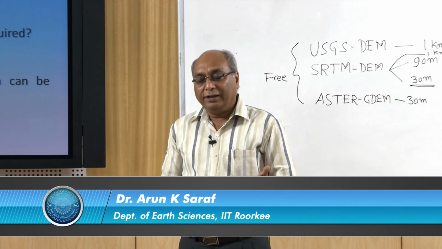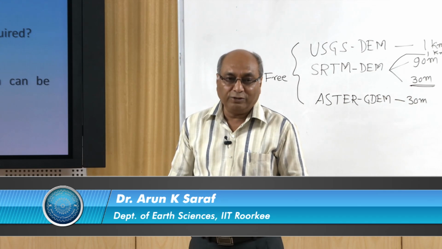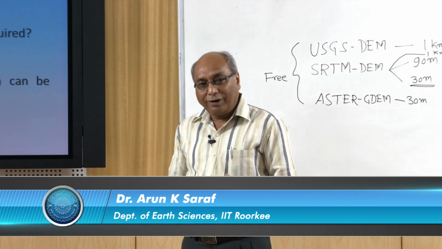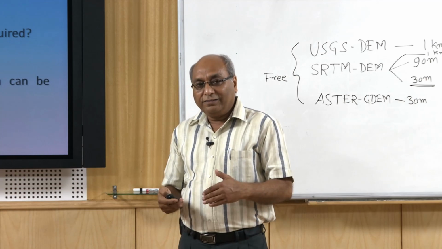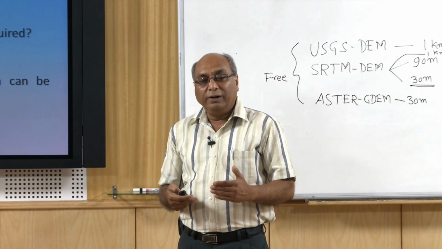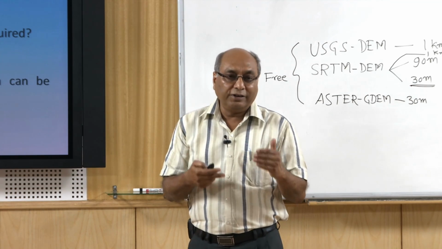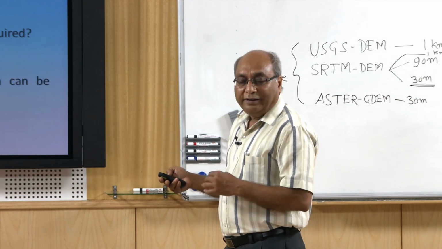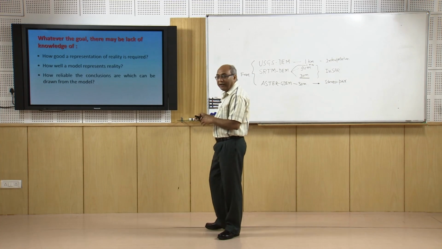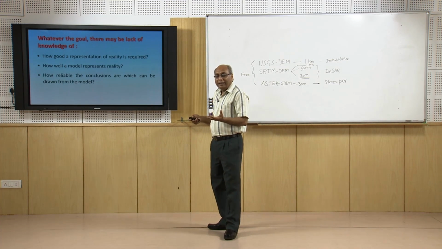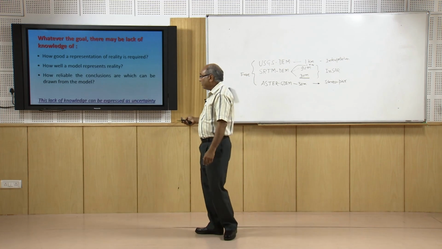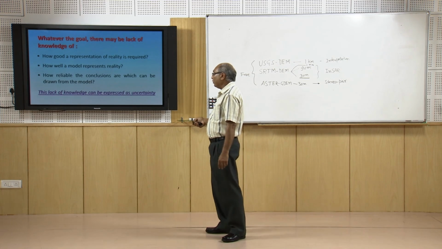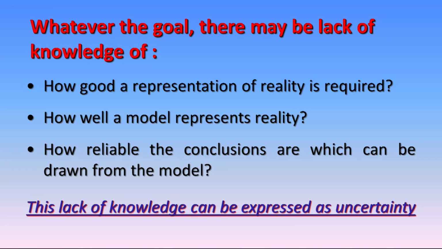Like if you use a digital elevation model and derive a slope map, how accurate, how reliable is that slope map? Again, this reliability or confidence will come once you are sure that your digital elevation model is truly representing the real terrain conditions. Only then can you rely on it, otherwise you will have a lower level of confidence. So this lack of knowledge, we can express as uncertainty with the digital elevation model.